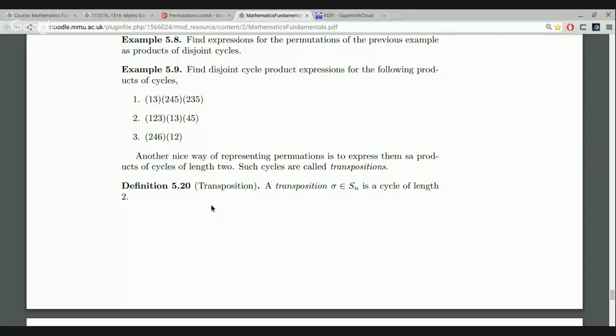So starting from 1, 1 goes to 3, 3 goes to 5, 5 goes back to 1, so it has a 3-cycle in it. And 2 goes to 4, 4 goes to 2. So that's the representation of it as a product of disjoint cycles. Now actually (2 4) is already a transposition, so we can leave that. But then the 3-cycle breaks down as the product of transpositions (3 5) and (1 3).